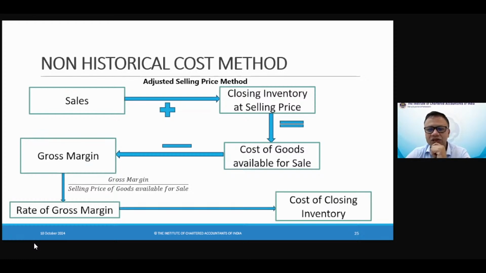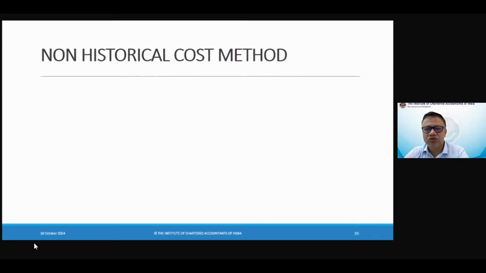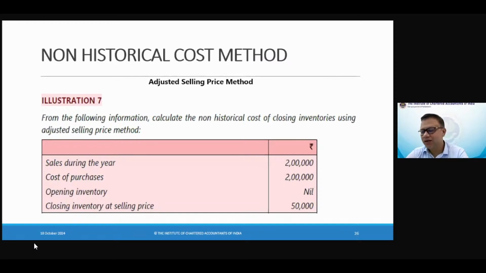And this will give you the cost of closing inventory. So closing inventory at selling price less the rate of gross margin into closing inventory at selling price will give me the cost of closing inventory. So this is how we are trying to do. I will show you through a problem. Just look at it. You will solve it, and then you will get to do this. It's a very basic problem I have given.